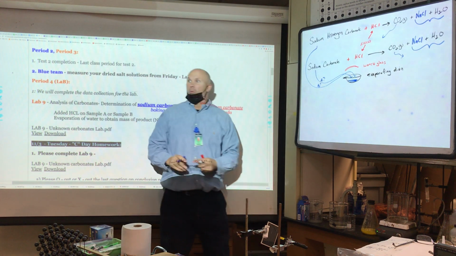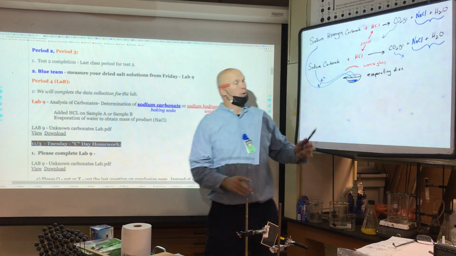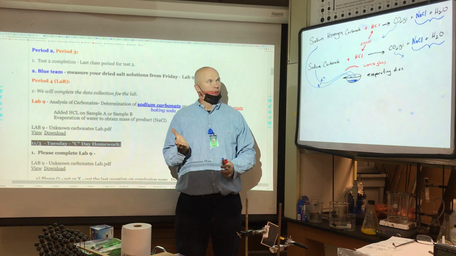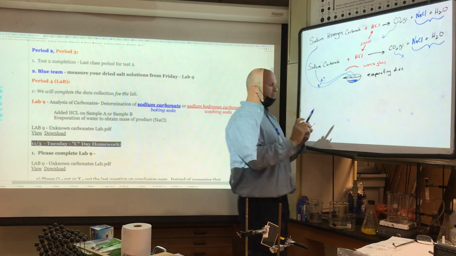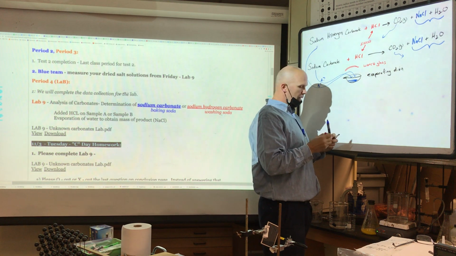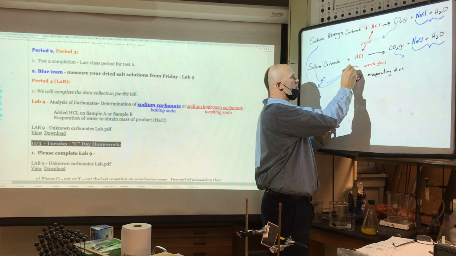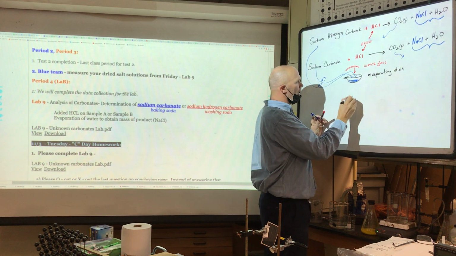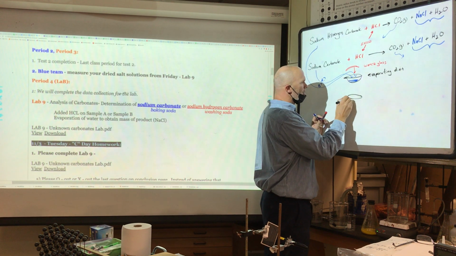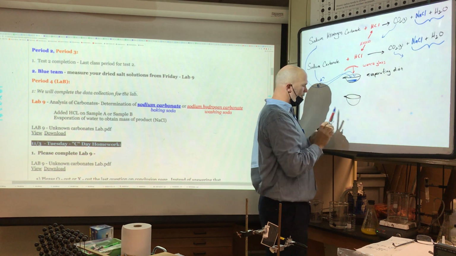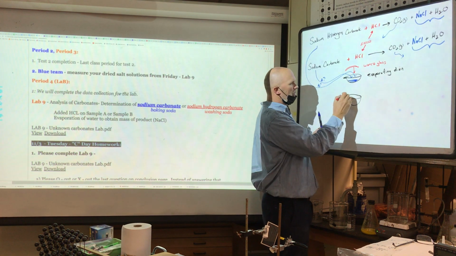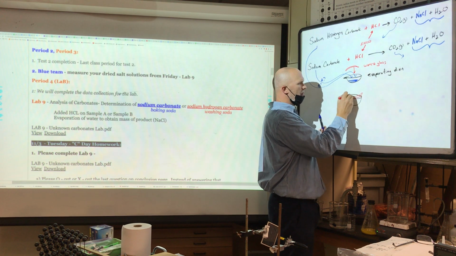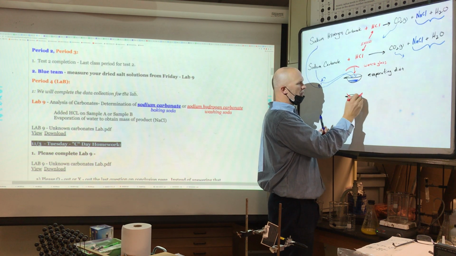What we're going to do to recover the sodium chloride is heat the evaporating dish. So we're going to put the watch glass on top of the solution, convex side down, to cover this.